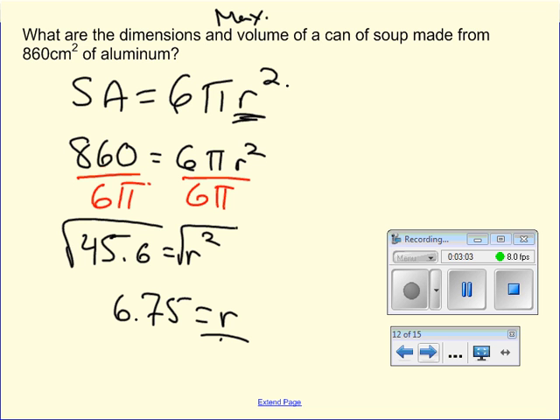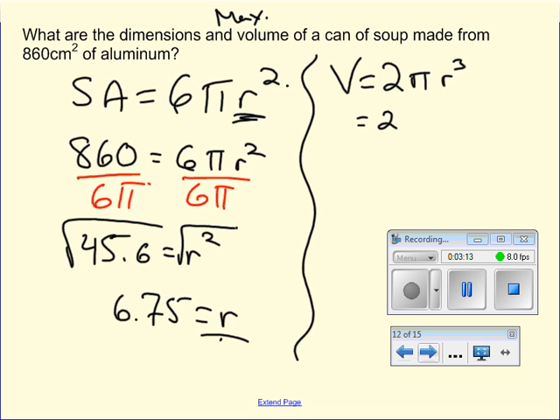So I figure out the volume. Volume is equal to 2 pi r cubed, so 2 times 3.1459, etc., times 6.75 cubed, or 6.75 times itself 3 times.